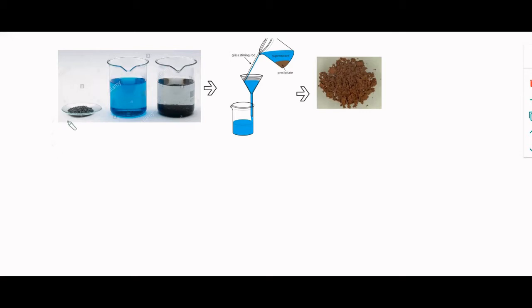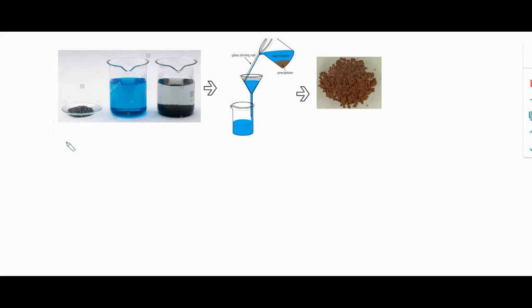When we add iron to the copper sulfate solution, a displacement reaction happens. We know that iron is above copper in the metal reactivity series. So iron is going to displace copper ions from the copper sulfate solution, because Fe is more reactive than copper.